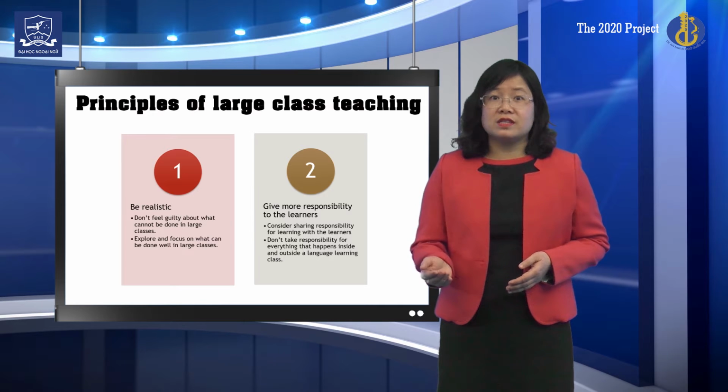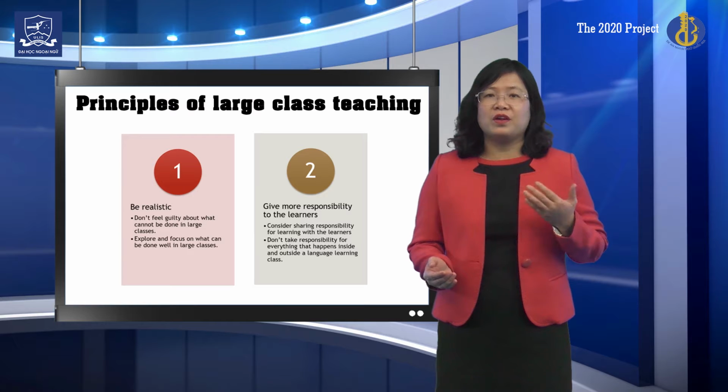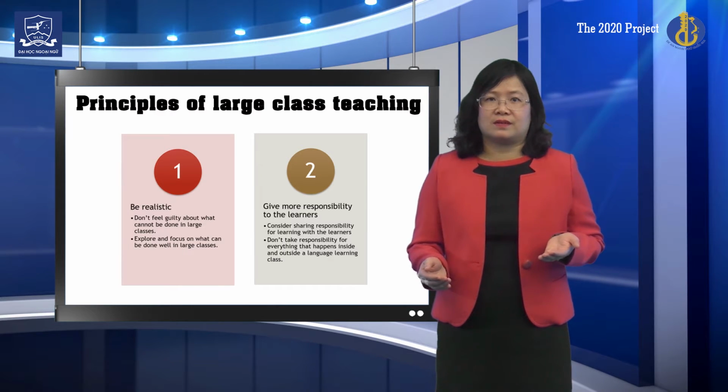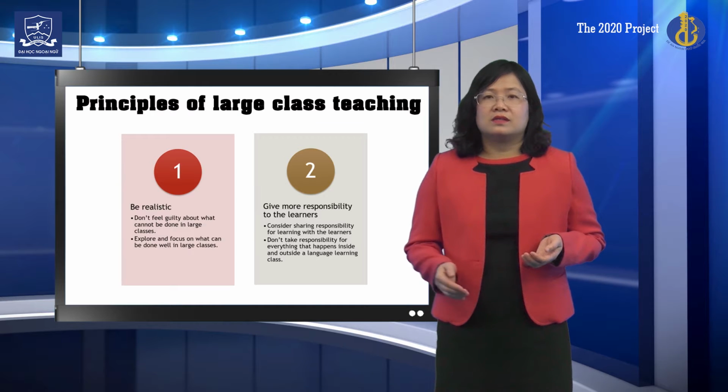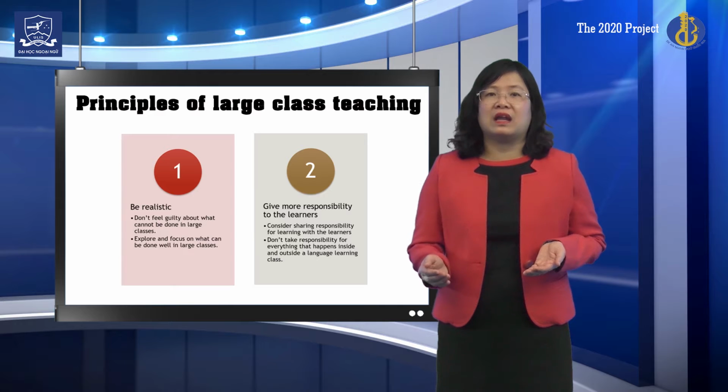We should be realistic to realize that there are some things that are either very difficult or simply impossible to do in large classes. Similarly, there are other things that can be done well in large classes.